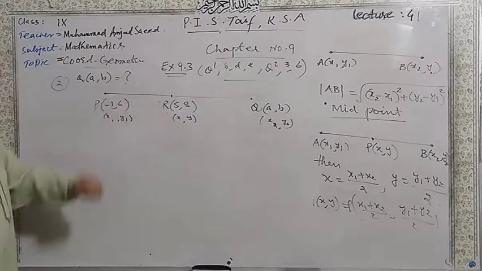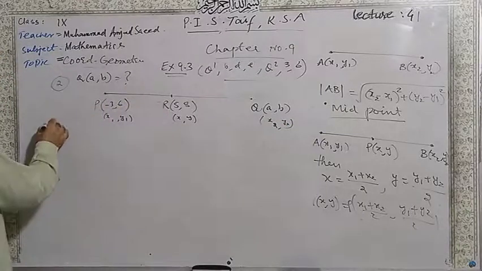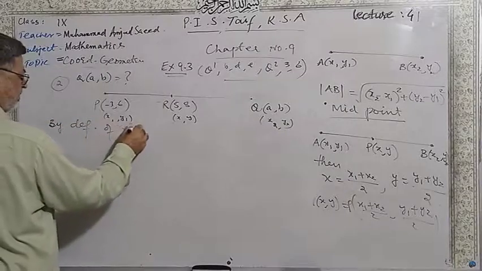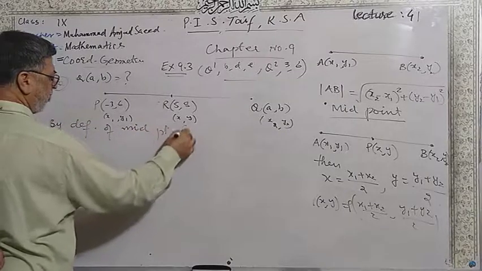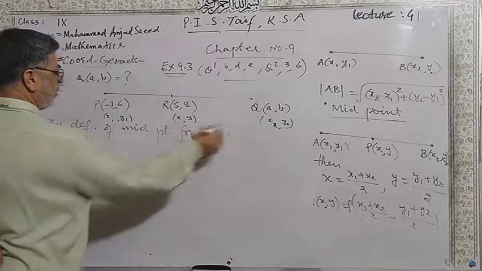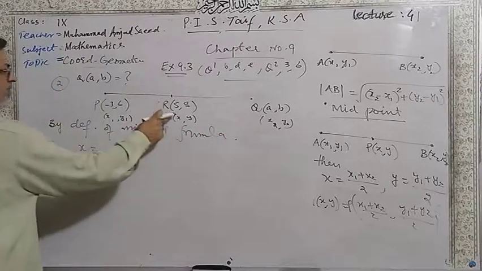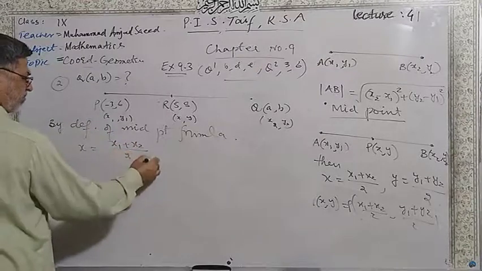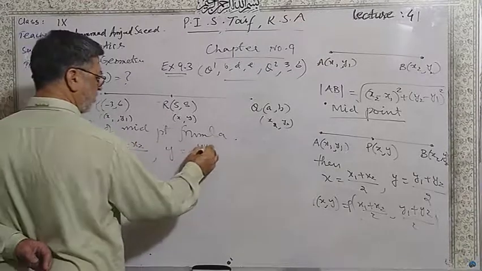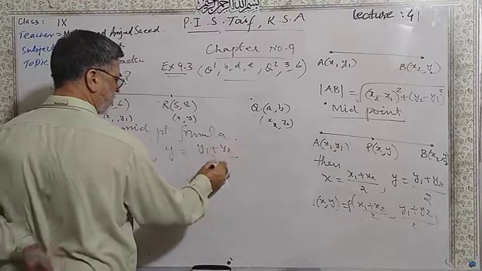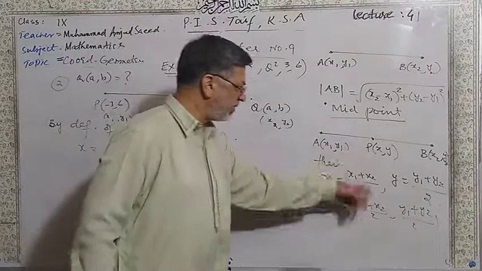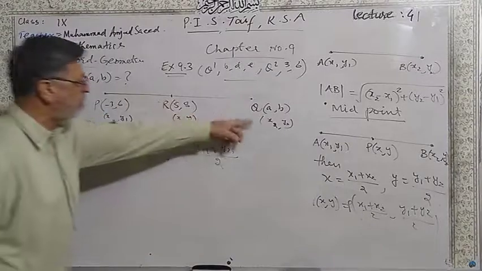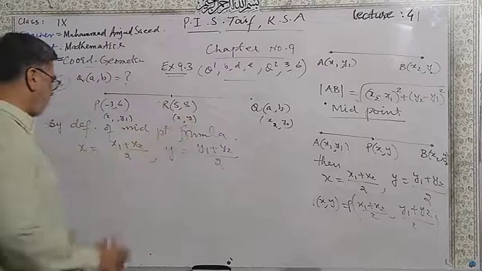By the definition of the midpoint formula, you can check x is equal to first plus first over 2, y is equal to second plus second over 2. That was the formula. So x is equal to (x1 plus x2) over 2, y is equal to (y1 plus y2) over 2.